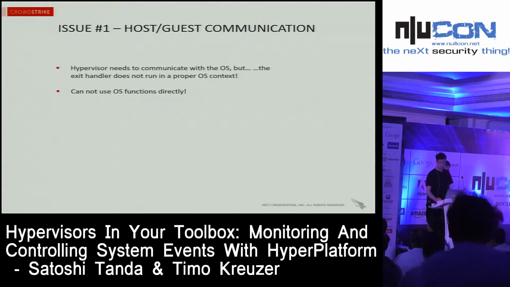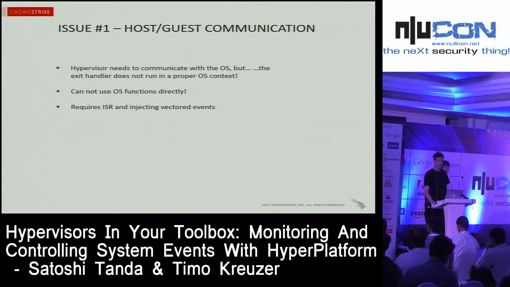So that means, to write communication between the hypervisor exit handler and the operating system or other software, you need to use an interrupt service routine and inject a vectored event. A vectored event is basically an interrupt that is inserted or injected by the hypervisor's exit handler before continuing to run the guest code.